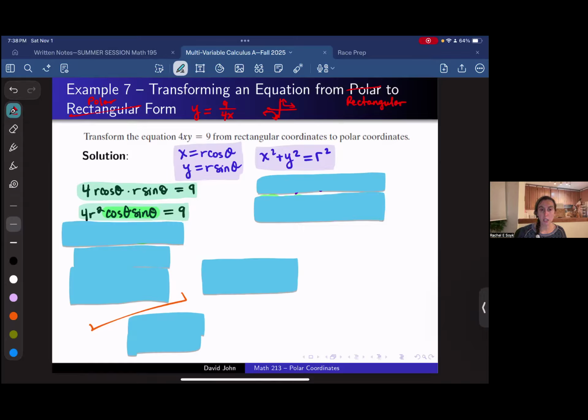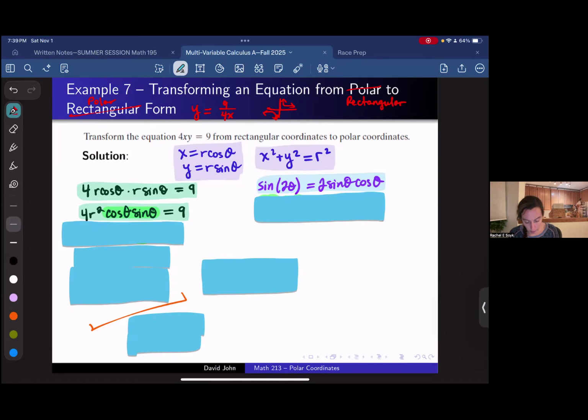And that cosine theta sine theta, we can use our double angle formula. Our sine of 2 theta is 2 cosine theta sine theta, which I have off to the right over here, also known as 2 sine theta cosine theta.